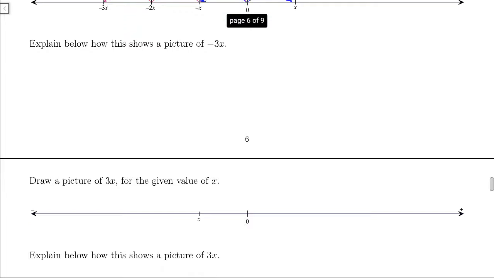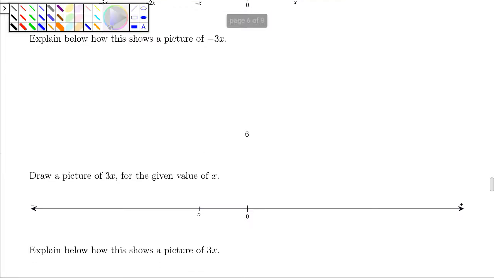So if this is the value of x, then I'm assuming that x is a negative number, so adding 2 copies of that. This would be adding an x.